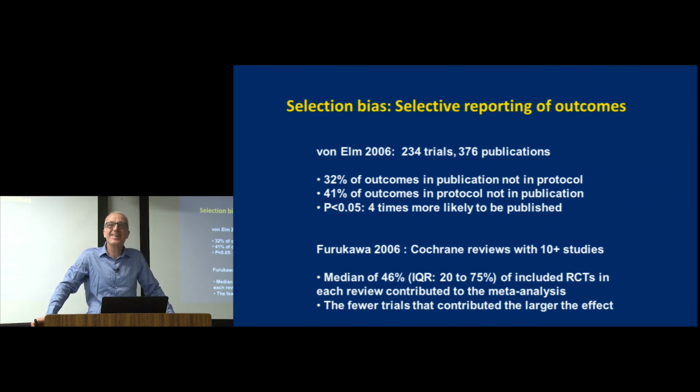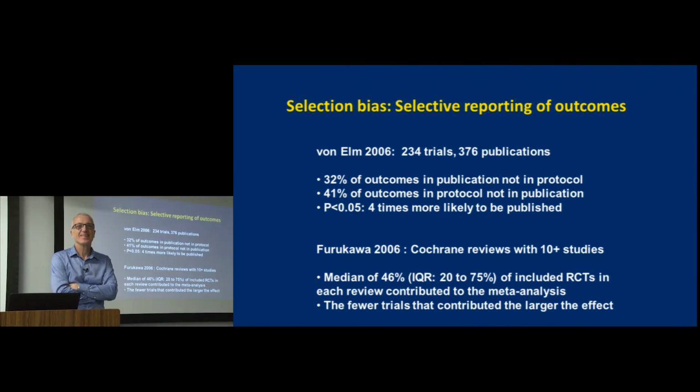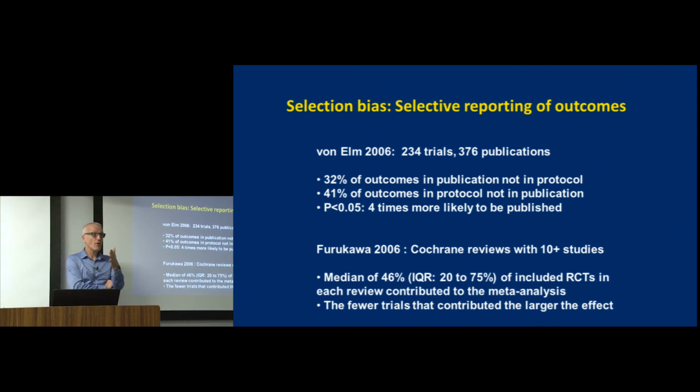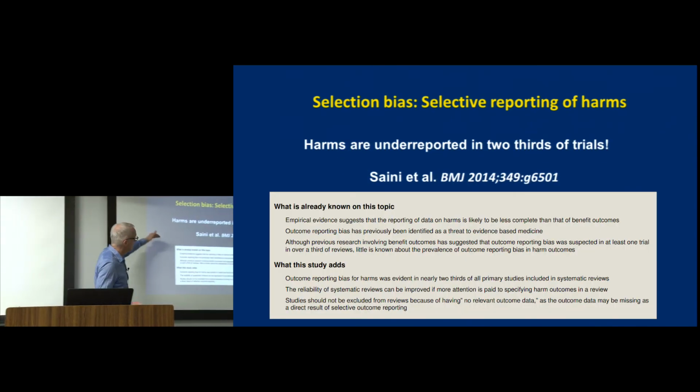So we compare the effect sizes of the meta-analyzed primary outcome against the proportion of trials out of the identified studies that contributed to that primary outcome. And the greater number of studies contributed to the primary outcome, the effect sizes became smaller. Yes. So strongly suggesting selective publication at the level of outcomes.